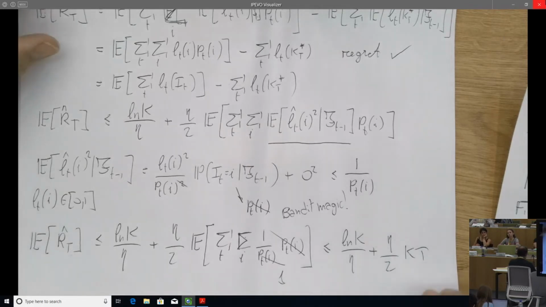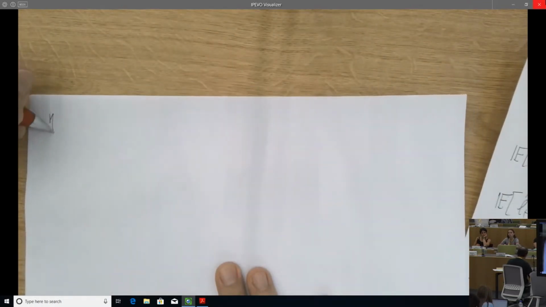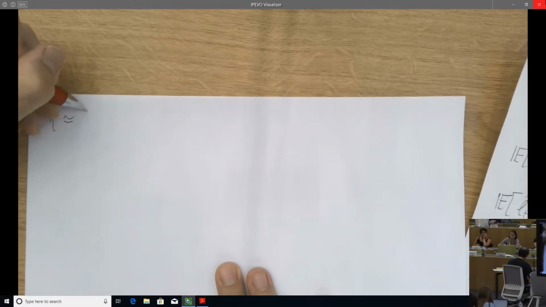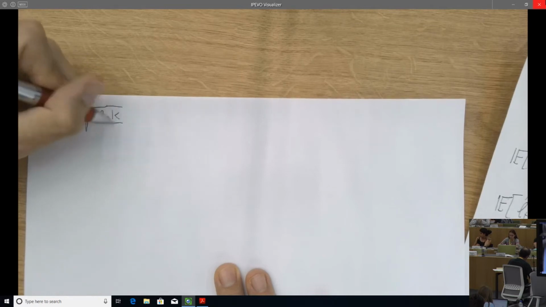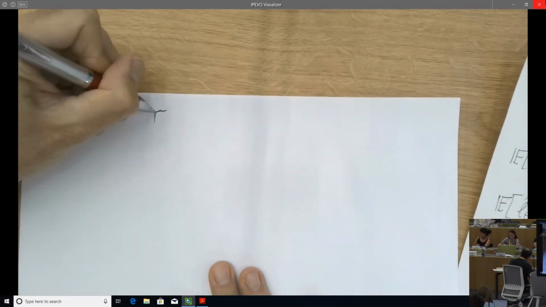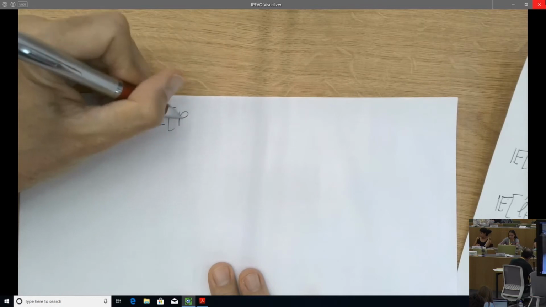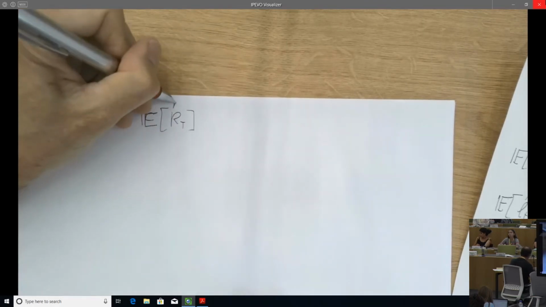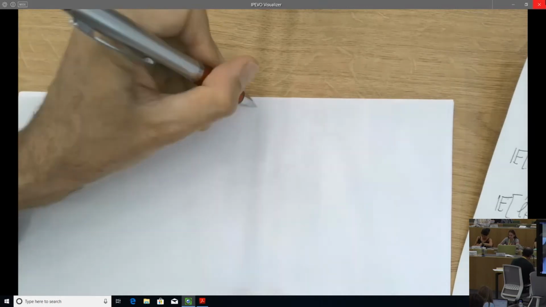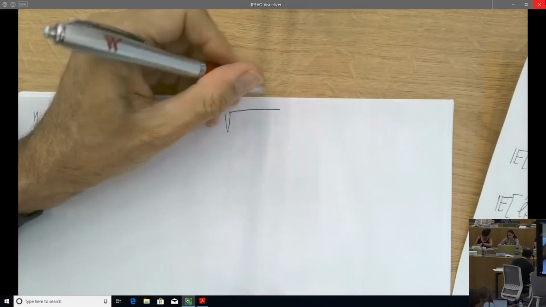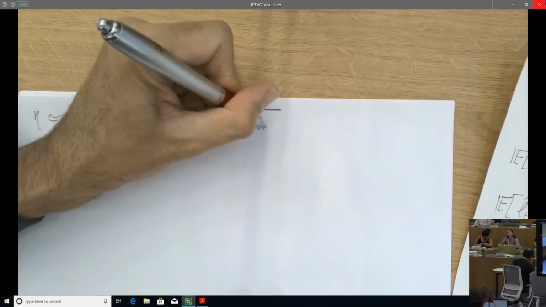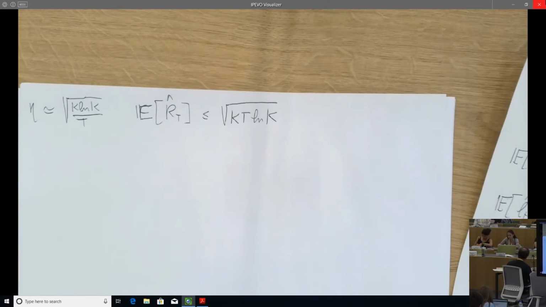If we choose eta of the order of square root of K ln K divided by T, we get that the expected regret is bounded by a constant, there's a 2 constant somewhere, times square root of KT ln K, and that's the bound for the bandit case.